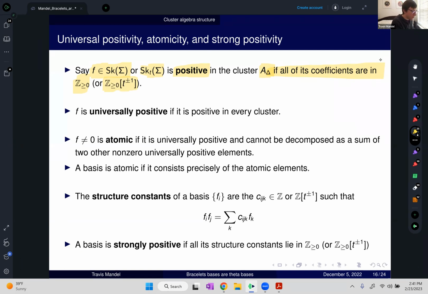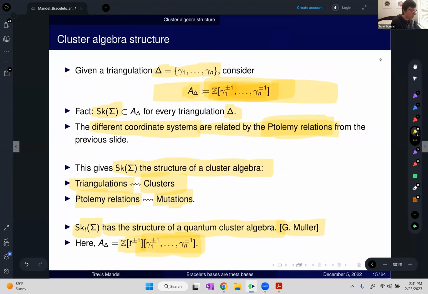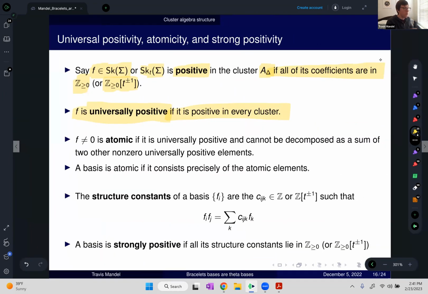And then we say F is universally positive if it's positive in every cluster. So for any triangulation, we're getting an embedding of the Skein algebra as a subring, and we're saying that in all of these subrings, you always have positive coefficients for F.